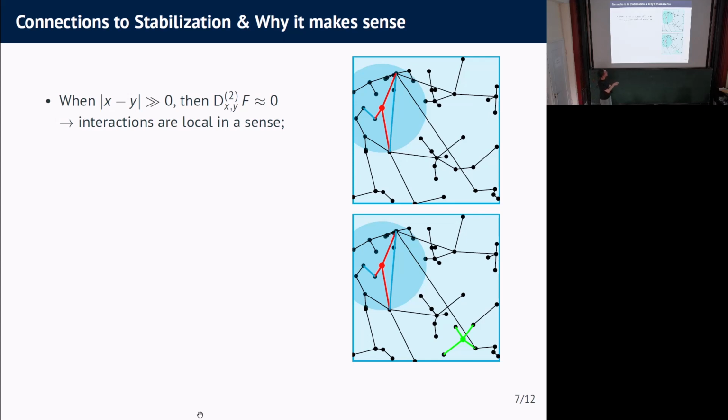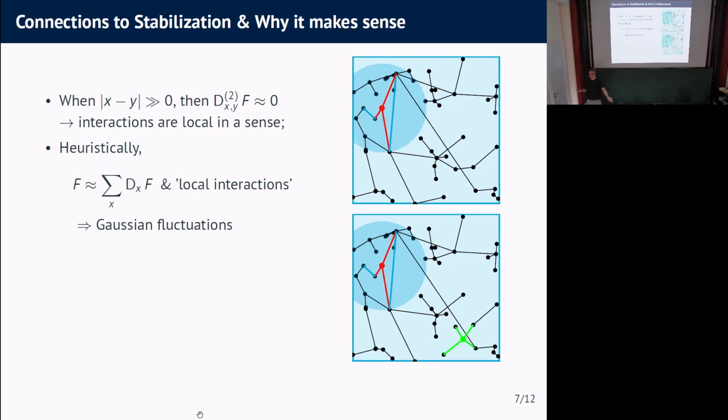This is a different example. If you have x, which has some influence up in the corner, what y does down there doesn't matter. And in some sense, this explains why we might expect a central limit theorem. Because in some very rough sense, you can say that f is the integral of its derivative, which the way I wrote it here is definitely not true, but you can make it precise.